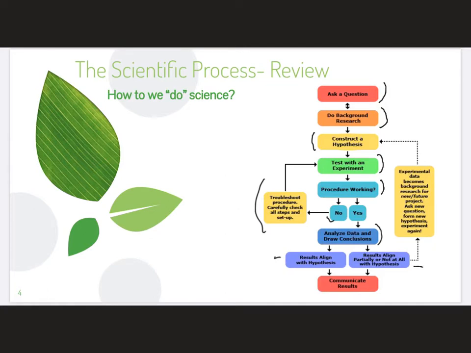And if it wasn't, then maybe we need a new hypothesis and we need to test that hypothesis. And if it was, maybe those results can be published in some kind of scientific journal. So this is a general process of science. In this video now, we're really going to focus in on the experiment itself and what we need to keep in mind when we're designing that with regards to variables.